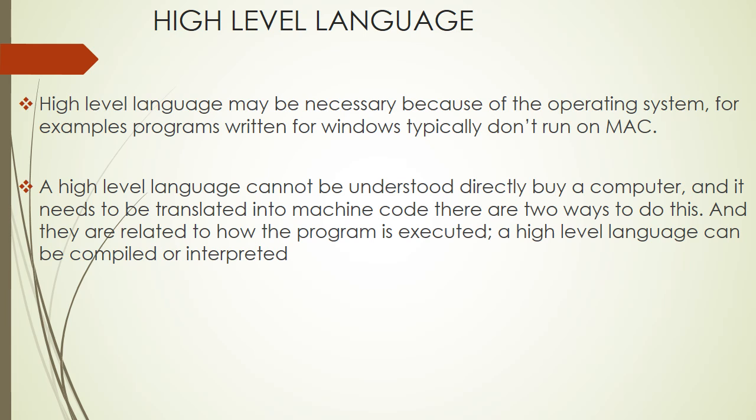They are different, so it is difficult for individuals to access the same application on them. A high-level language cannot be understood directly by a computer, and it needs to be translated into machine code. There are two ways to do this, and they are related to how the program is executed. A high-level language can be compiled or interpreted.